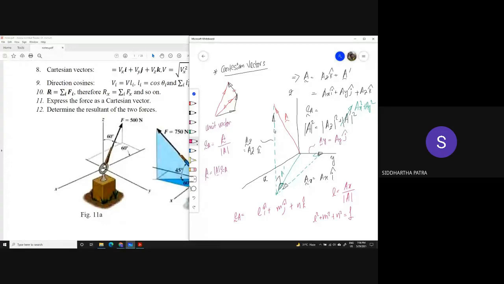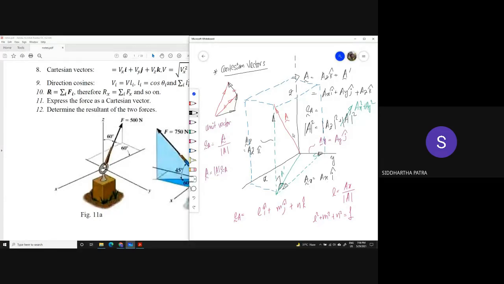Okay. One more thing: if I construct a parallelepiped with A being the body diagonal, all I'm trying to say here is that this representation is unique.